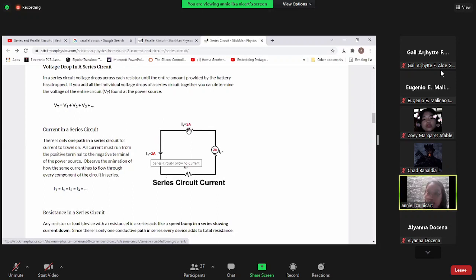It's 2 amperes also. I2, the current through load number 2, is 2 amperes, and load 3's current is also 2 amperes. Will they differ or be the same? The same. Regardless of their resistance, even if their resistances differ, their current is the same if they are connected in series. Okay?